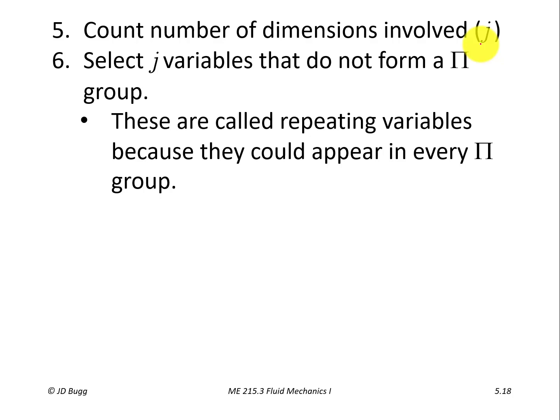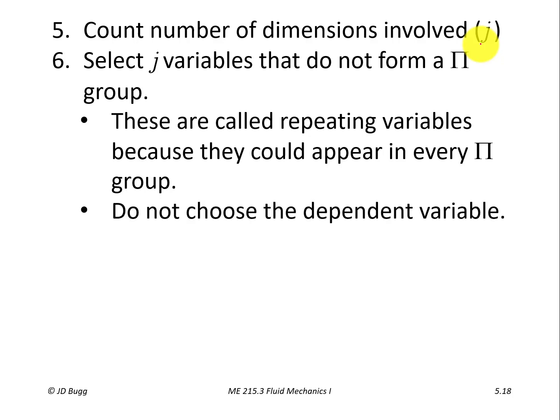Now, because the repeating variables could appear in every pi group, we do not want to choose our dependent variable as a repeating variable, because we want our dependent variable to appear in only one place in our final result, because we're investigating how that dependent variable depends on all the other things. So we don't want it appearing in a whole bunch of different places. And I'll reinforce that point again when we look at an example.